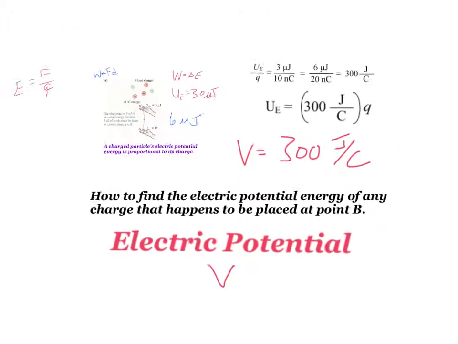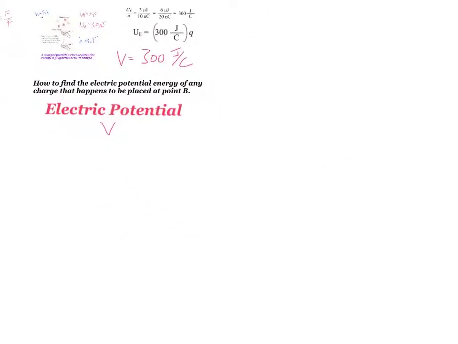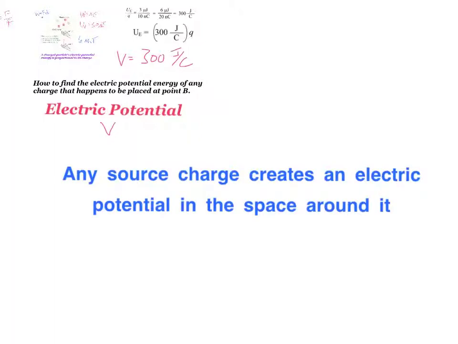Now that 300 joules per coulomb is specific to the example we looked at, but this idea can be generalized. And we can say that any source charge will create an electric potential in the space around it. That is, any charge will alter the space around it so that we can calculate the potential for making potential energy at any point within that space.